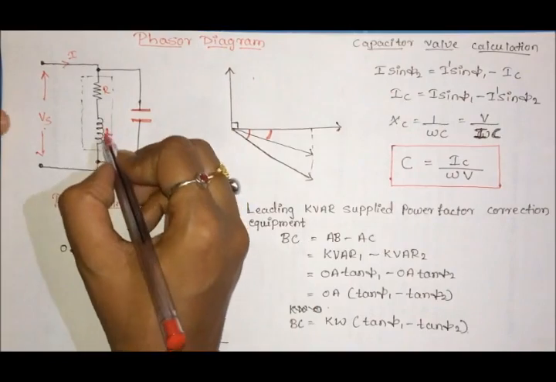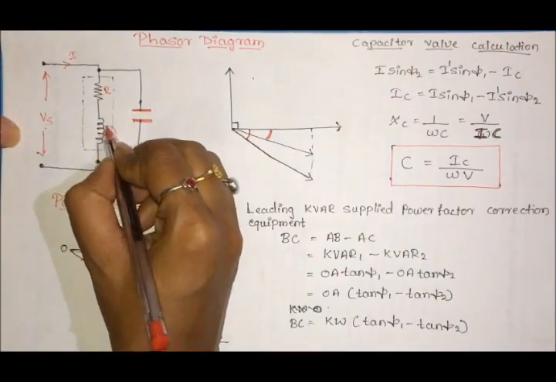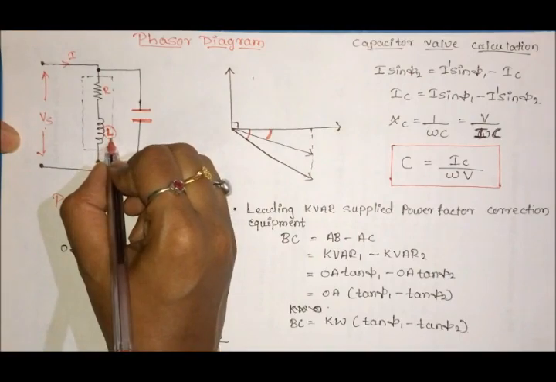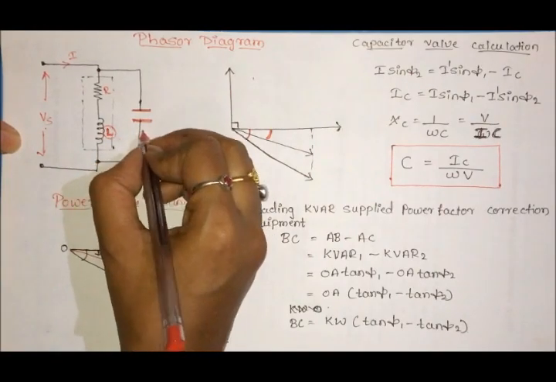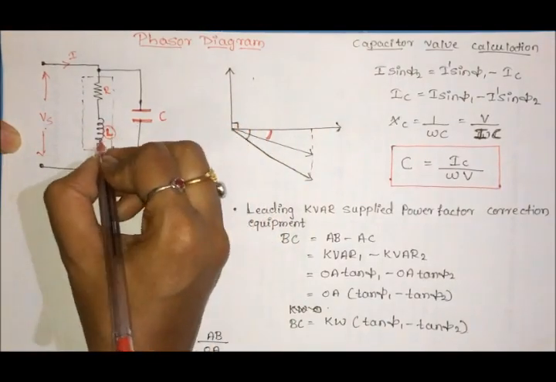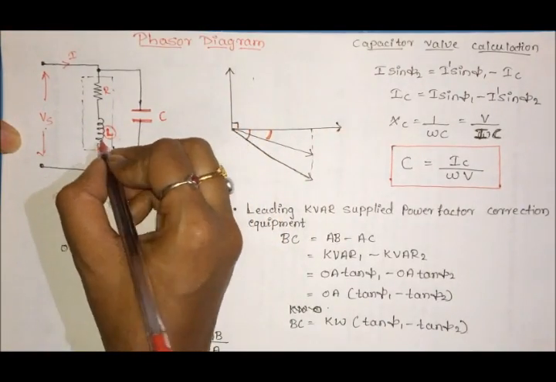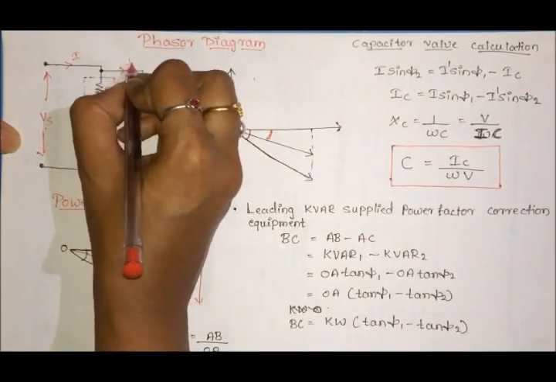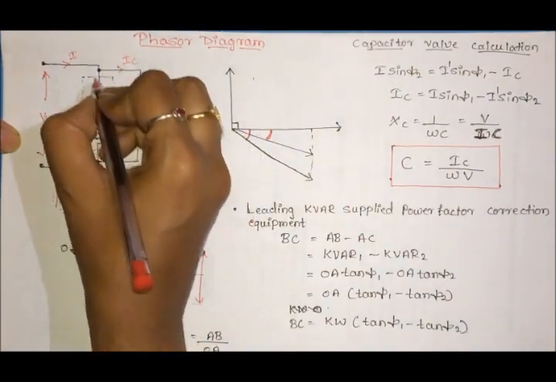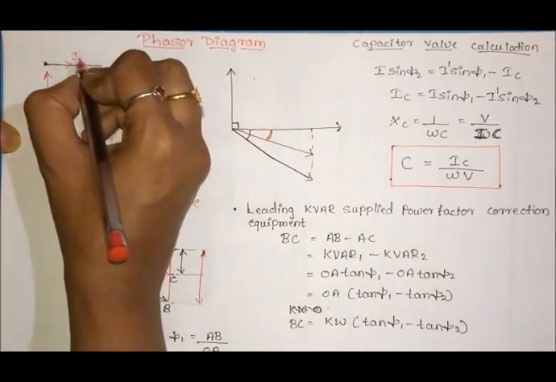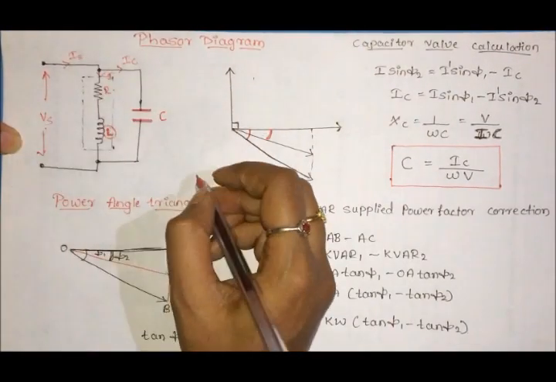Due to this inductor, we are facing low power factor. To improve it, we have connected a capacitor in parallel with this inductive load. The current flowing through the capacitor we call IC, and this I we will make the source current, IS.